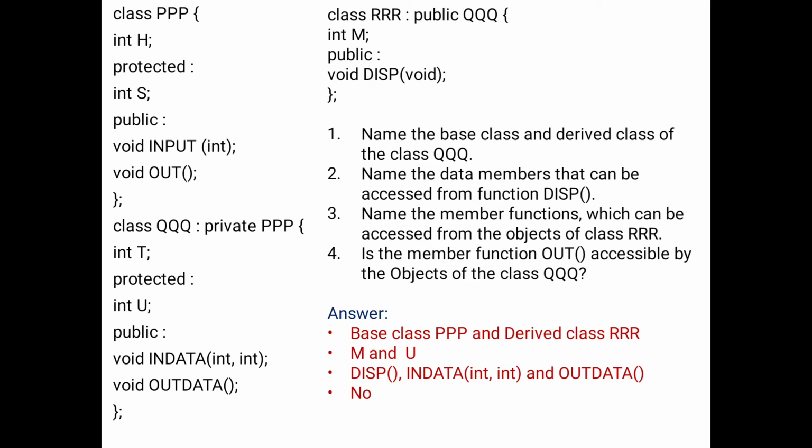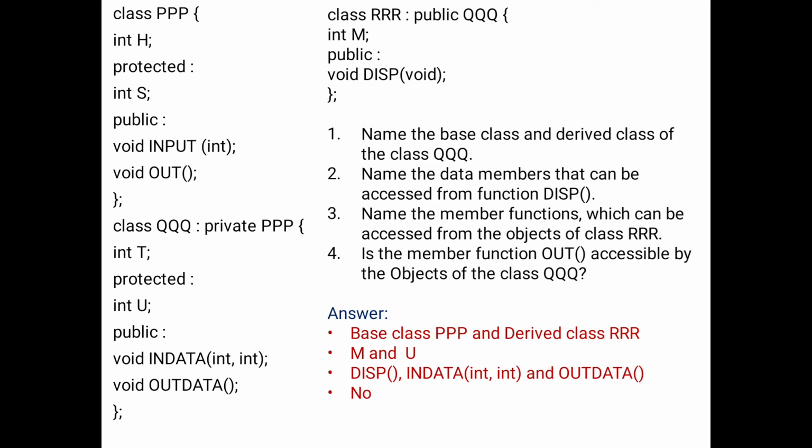Also the member functions, void input and void out, will change from public to private inside the class QQQ. The class QQQ also has its own members: int t, which is private, a protected data member int u, and public member functions indata and outdata.